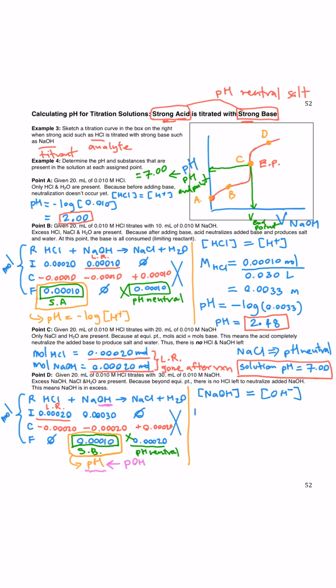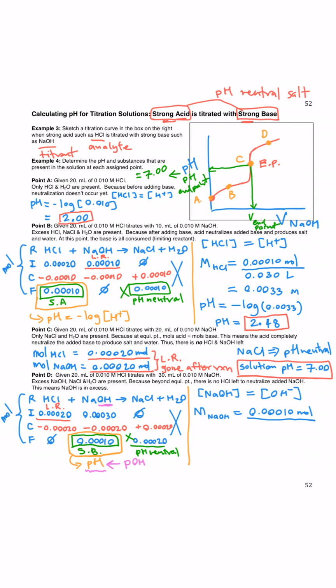So first step, we will need to calculate the molarity of sodium hydroxide by using the mole that is left after the end of the reaction, which is 0.00010 mole of sodium hydroxide, divided by the total volume of the solution, which is going to be 20 milliliter added to 30 milliliter, and then convert that milliliter into liter.